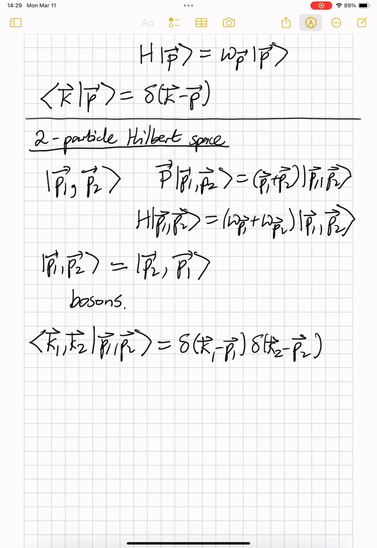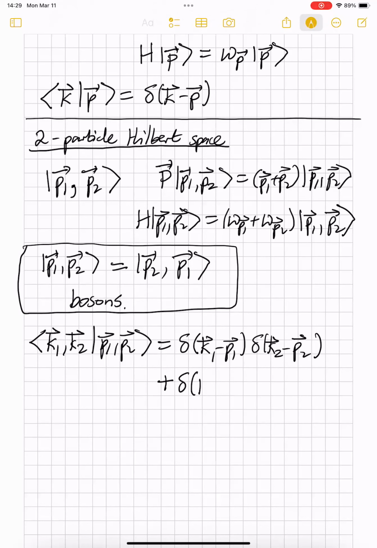You see, the left-hand side is completely unchanged if I swap P1 and P2, because I have declared that the state P1, P2 is the same as the state P2, P1. But if I swap P1 and P2 on the right-hand side, well, I definitely get a change. So to fix that up, I should add in another term, which is delta K1 minus P2, delta K2 minus P1. And now both sides of this equation are symmetric under swapping P1 and P2, and it's also symmetric under swapping K1 and K2, which is good.